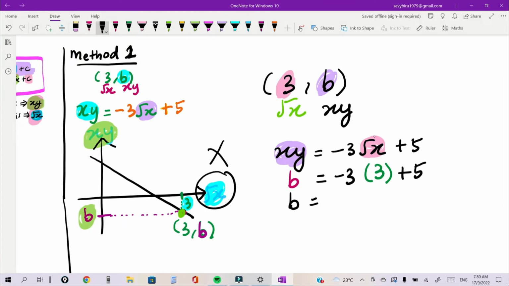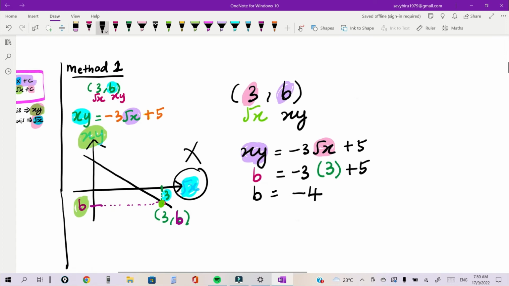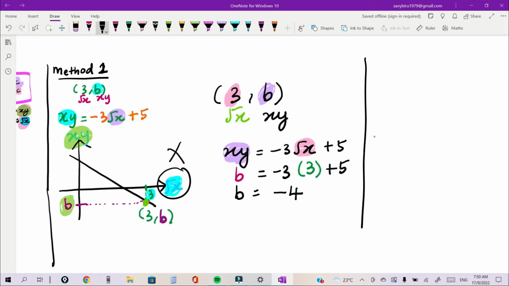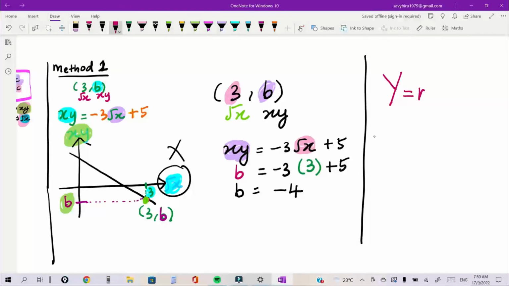Then you will get 5 minus 9, negative 4. Atau kalau you rasa kurang faham, gunakan capital letter. Use capital letter Y equals mx plus c. Actually, the capital letter Y is xy, and the capital letter X is sec x term.